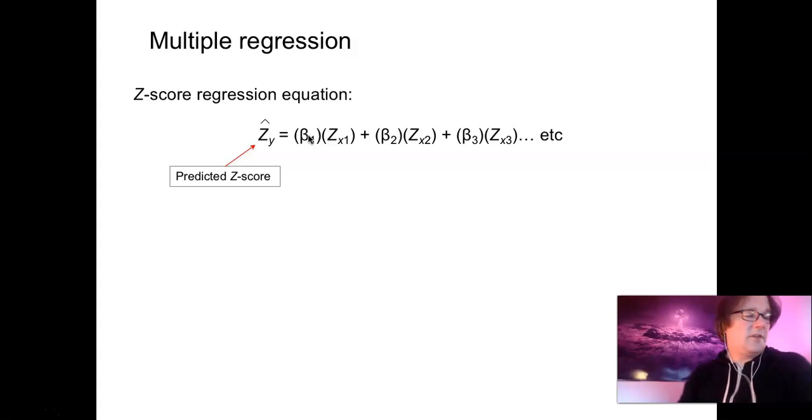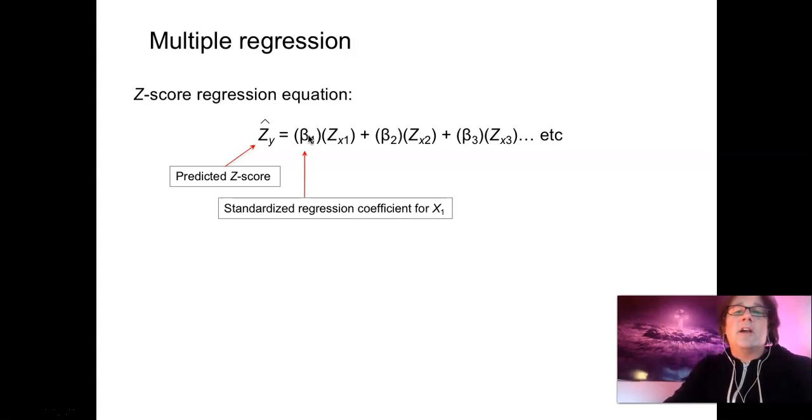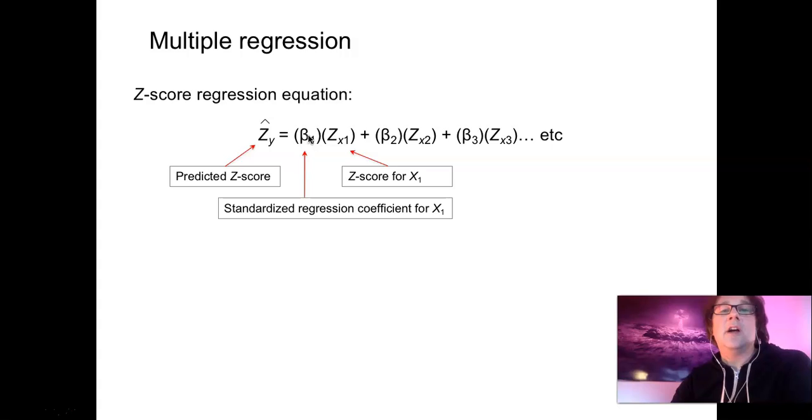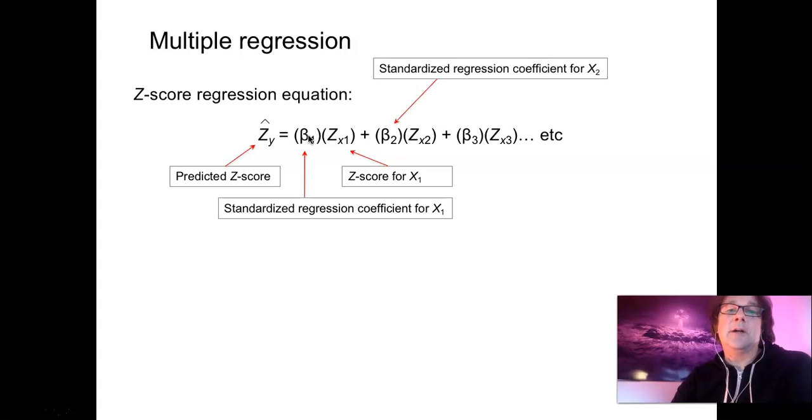This is our predicted z-score for y. We have a standardized regression coefficient for predictor 1. That's where x1 comes from. This is the z-score for our first predictor, x1.